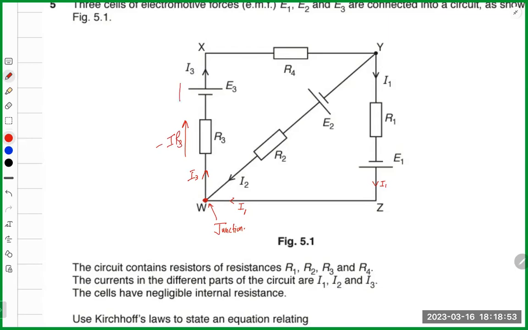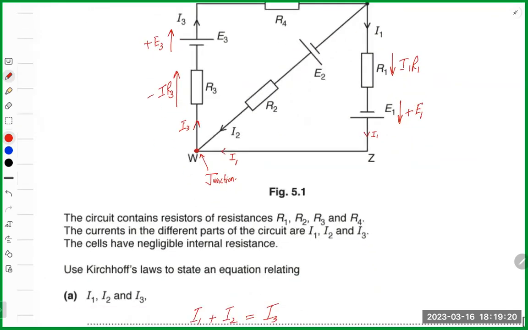We go from a lower potential to a higher potential of the EMF. It is a plus E3. We go like this, it will be I3R4, there will be a loss of potential difference. Current goes like this, it will be I1R1.